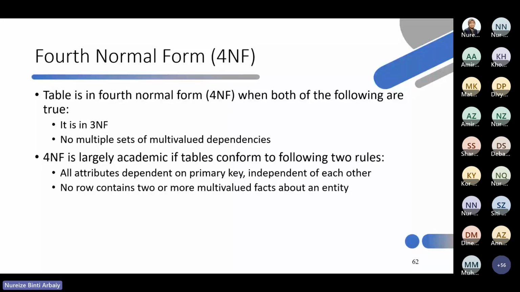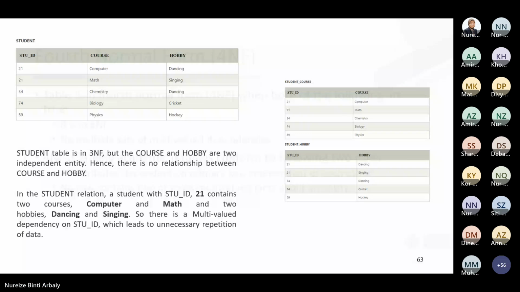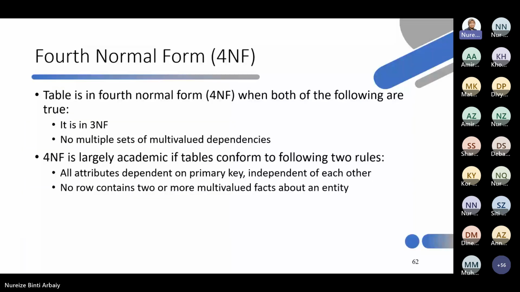Okay. And the last part is fourth normal form. Okay, normal situation. All right. Are you okay, guys? I cannot see you, so I cannot see your expression, and somehow I cannot detect your understanding.